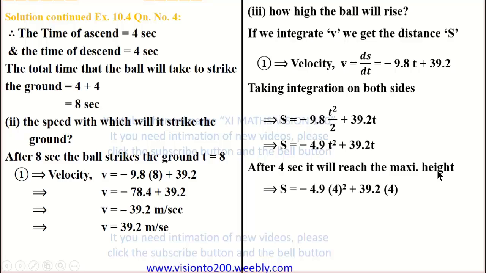Therefore, s is equal to minus 4.9 into 4 square plus 39.2 into 4. Therefore, minus 4.9 into 16 plus 39.2 into 4, that is 156.8. Therefore, minus 78.4 plus 156.8 is equal to 78.4 meters.